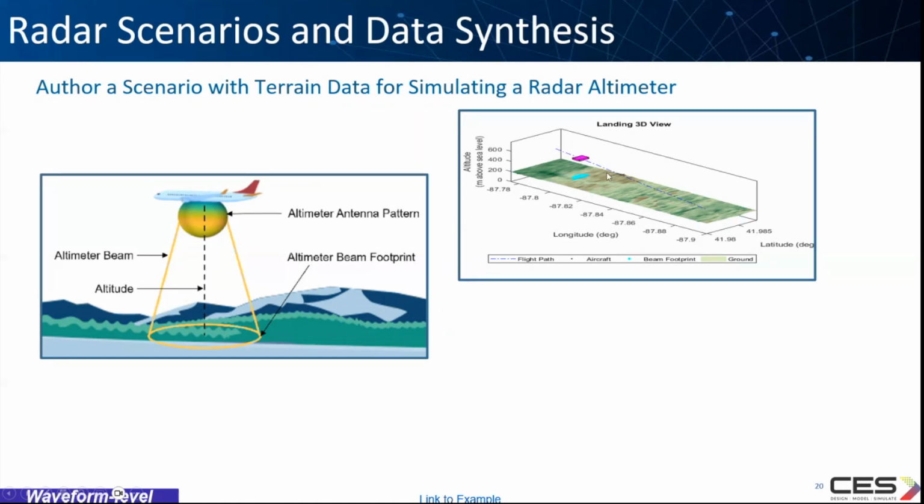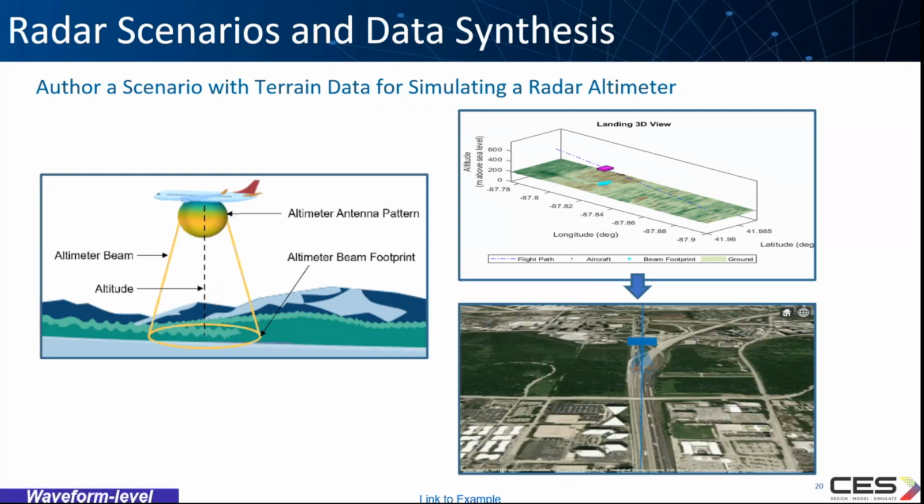In MATLAB, you can do it this way. You can simulate it. You can import the digital terrain data into MATLAB and put it within your radar scenario. And what is shown here is exactly what I explained before in this image.